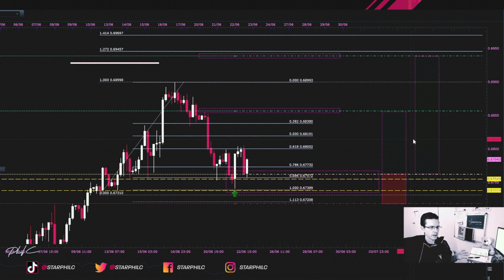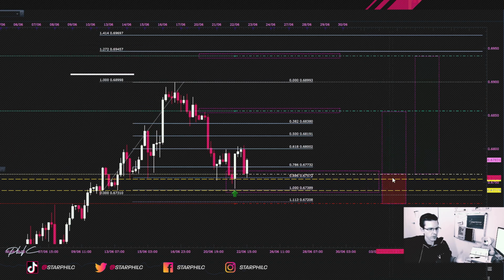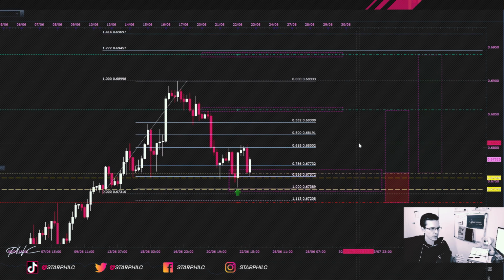The reason why I love this trade is, hey, if you're 50% right on a trend continuation trade on this strategy, and you have a risk to reward that always looks like this, over time, that's right, you will be profitable trading this strategy, right? So yeah, it's one of my favorite strategies to trade.